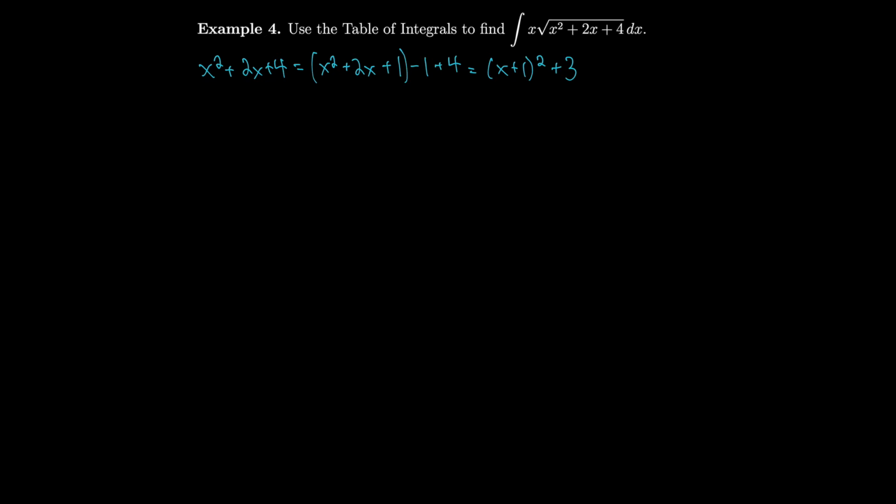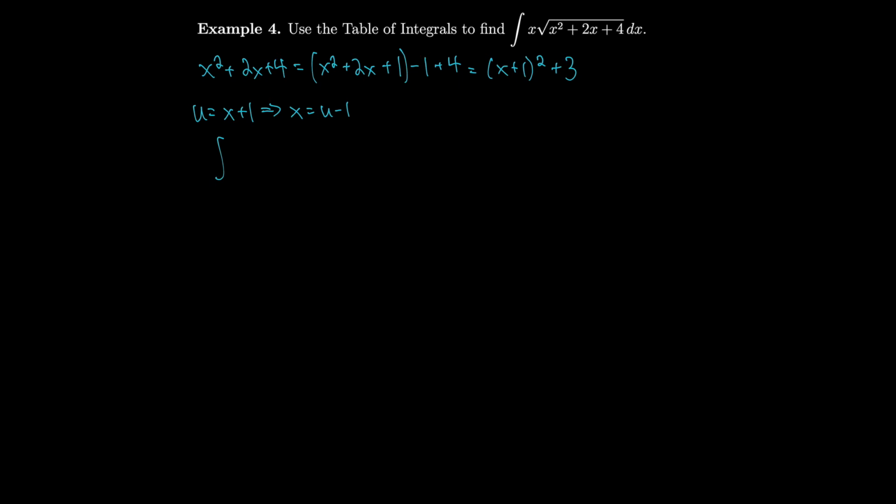So it looks like we should let u equal x plus 1 over here. That way we just have u squared. So if u is equal to x plus 1, that means that x is equal to u minus 1, so that'll help us get rid of the x.